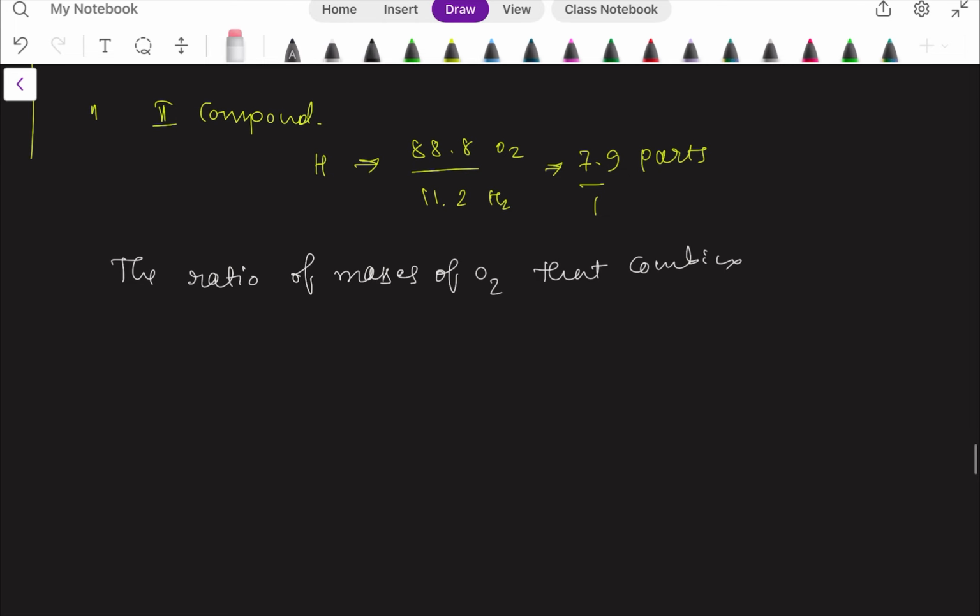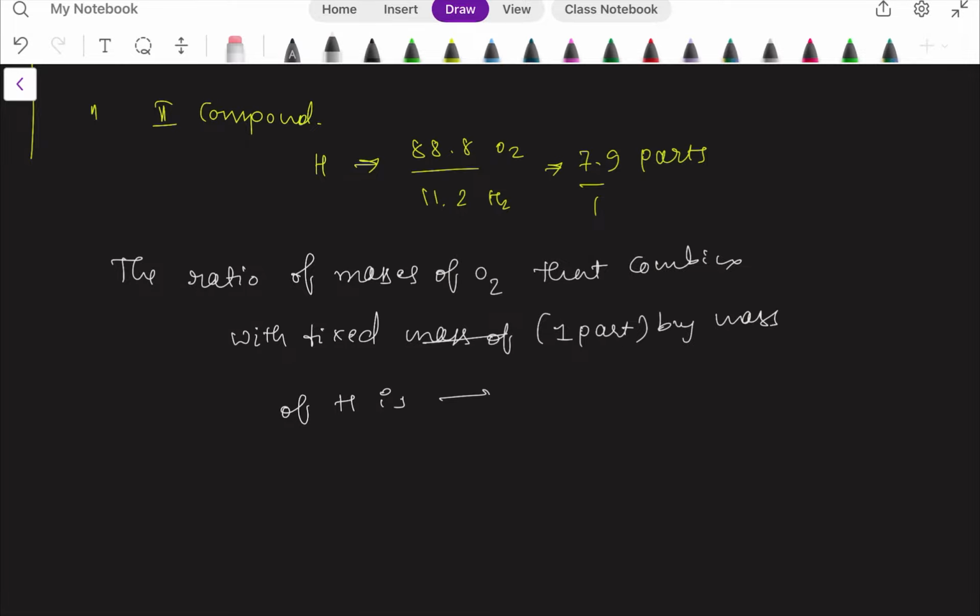How much we have combined with a fixed mass, how much? One part by mass of hydrogen, we got one ratio above.